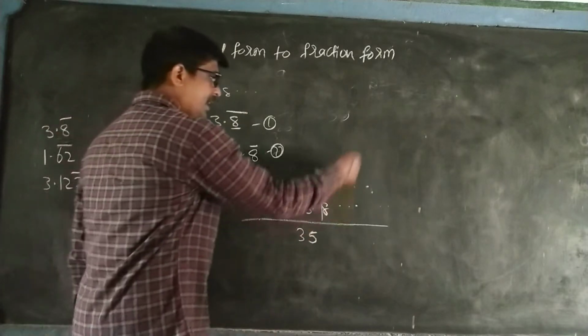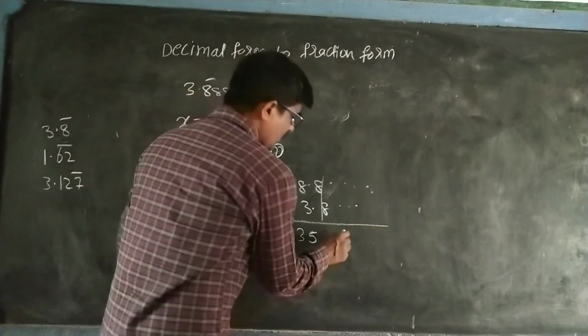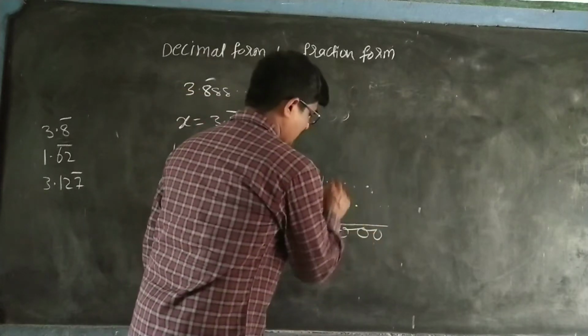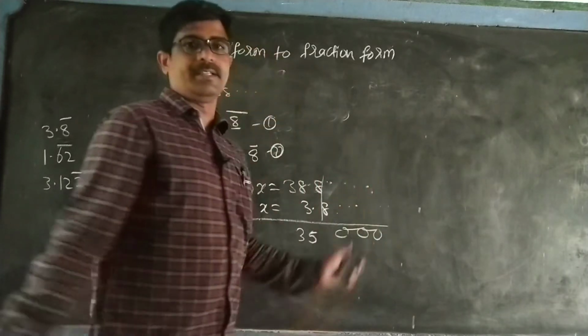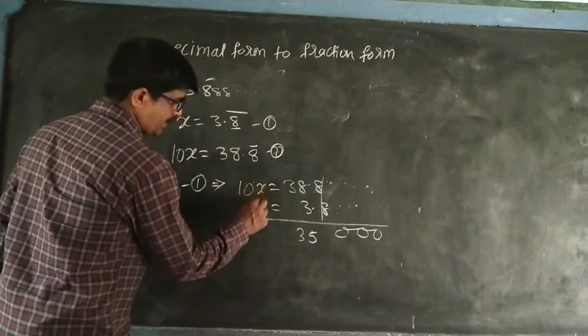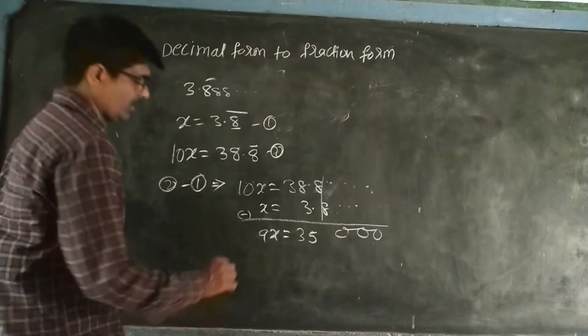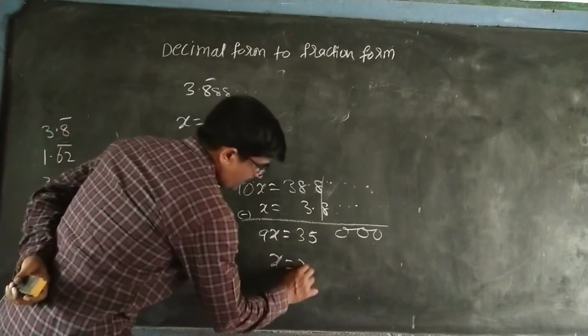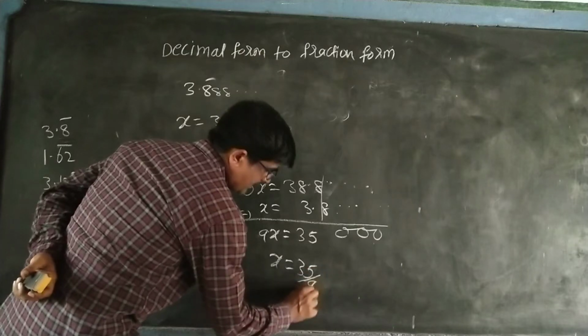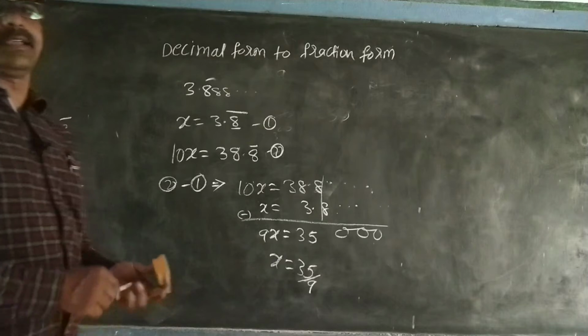Because every 8 is cancelled on subtraction, the remaining digits are always 0. 10x minus x is 9x. 9x is equal to 35, or x is equal to 35 by 9.